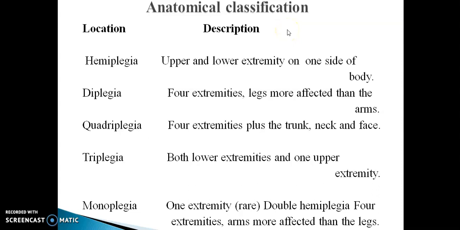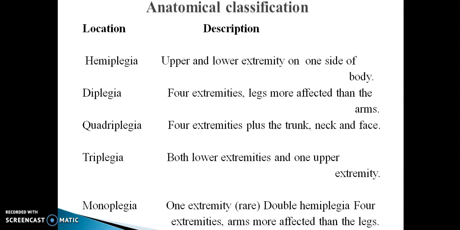So how will we classify anatomically, or what I like to call the topographic classification? The classification depends upon the representation. Hemiplegia is the type of cerebral palsy where the upper and lower extremity on one side of the body is affected. So hemiplegic cerebral palsy means the same side upper and lower extremity is affected.